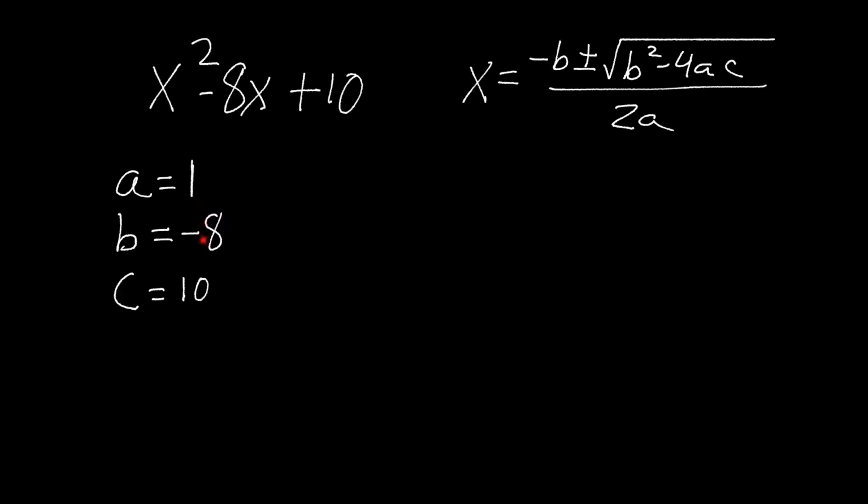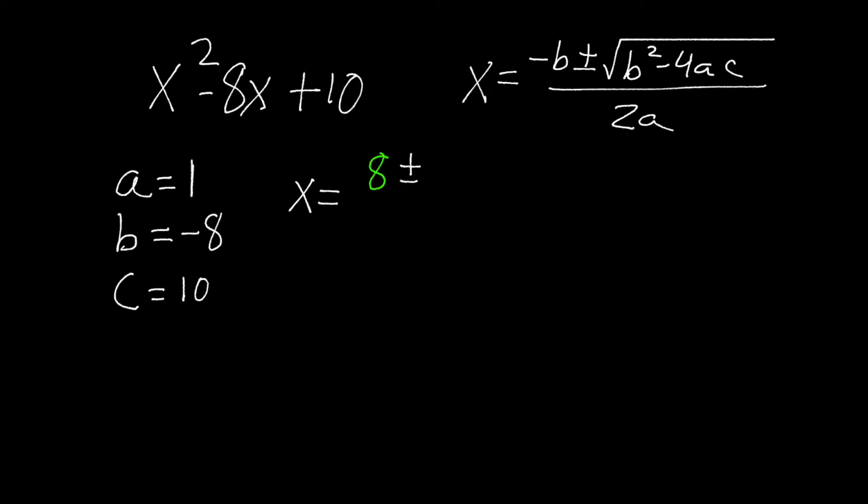Now that we know those 3 values, we can plug them in to the formula. So x equals the opposite of b. Now this time b, or normal b, is negative 8. So the opposite of b is going to be positive 8. So we'll just write 8.